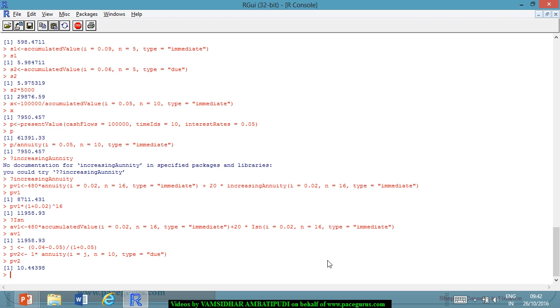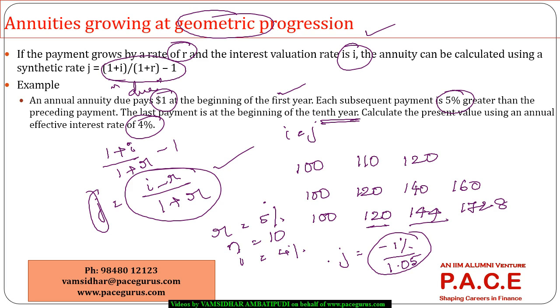So the amounts are increasing at 5% every year, and my interest rate is 4%. Whatever is deposited at each period, 1, then 1.05, 1.05 squared, something like that, the present value of all those payments put together works out to 10.44. That's how I can compute present values, or even the accumulation.